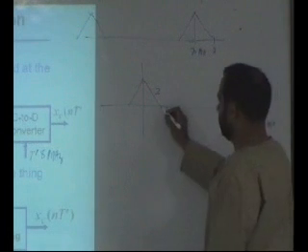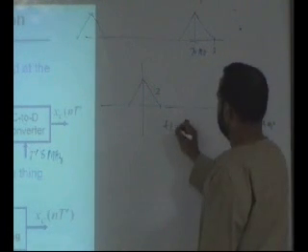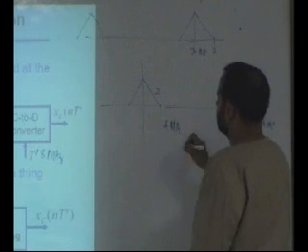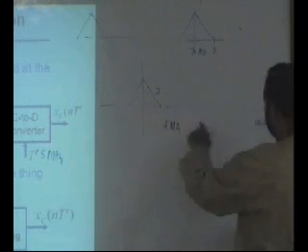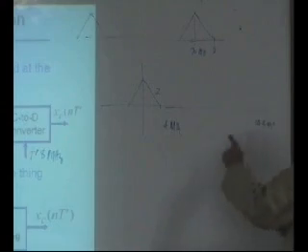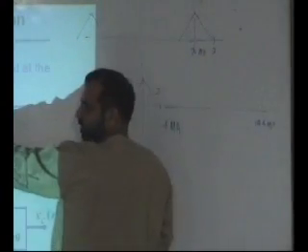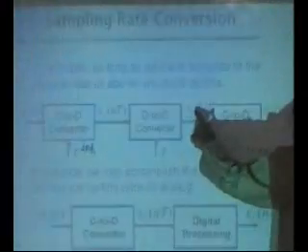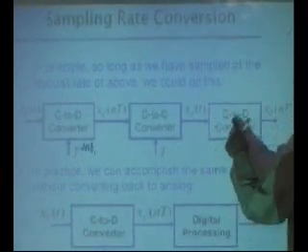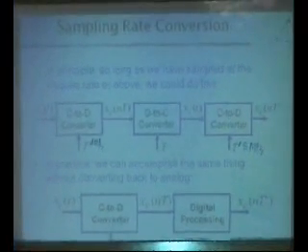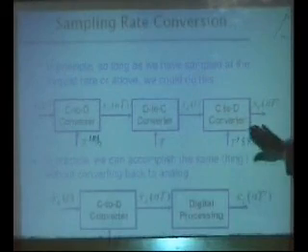Now you know that you can easily sample it at 4 megahertz. So you pass it through a D to A converter at this rate, 144 megahertz, convert it to a continuous time signal, and then resample it at 4 mega. You can always do this, right?